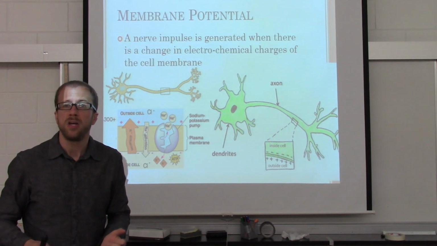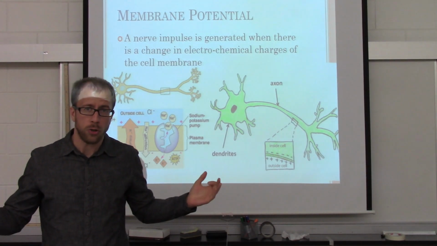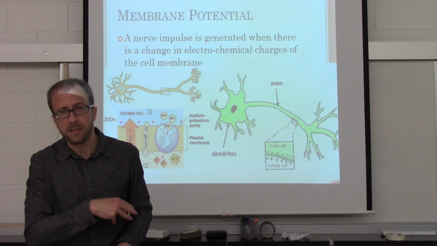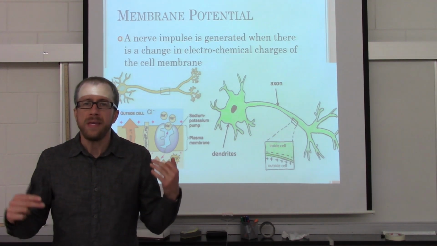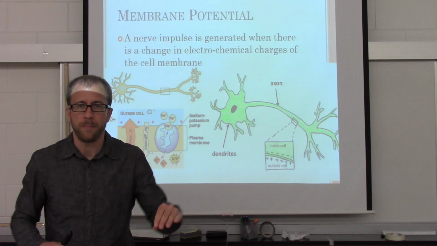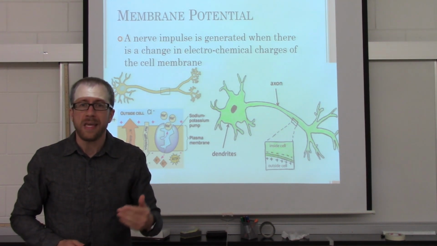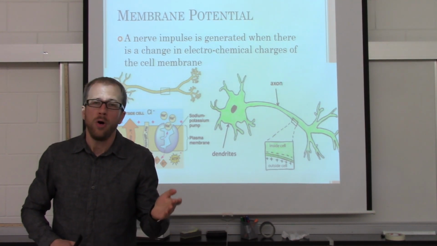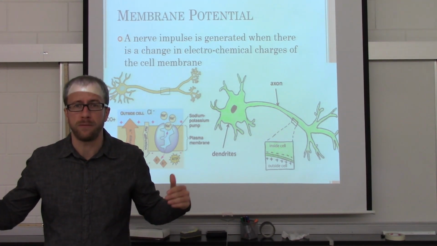Well, the outside of our membrane is going to be positively charged, and the inside of our membrane is going to become less positively charged, aka negatively charged. So that will be the impact that the sodium-potassium pump has on our membrane. And this difference of charge will be the resting potential of our membrane. So this pump will set up a resting potential across our membrane, this difference of charge.